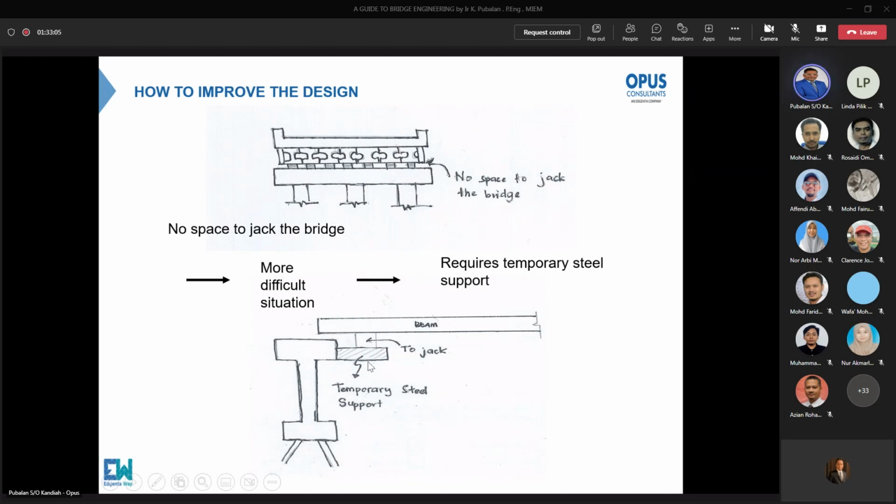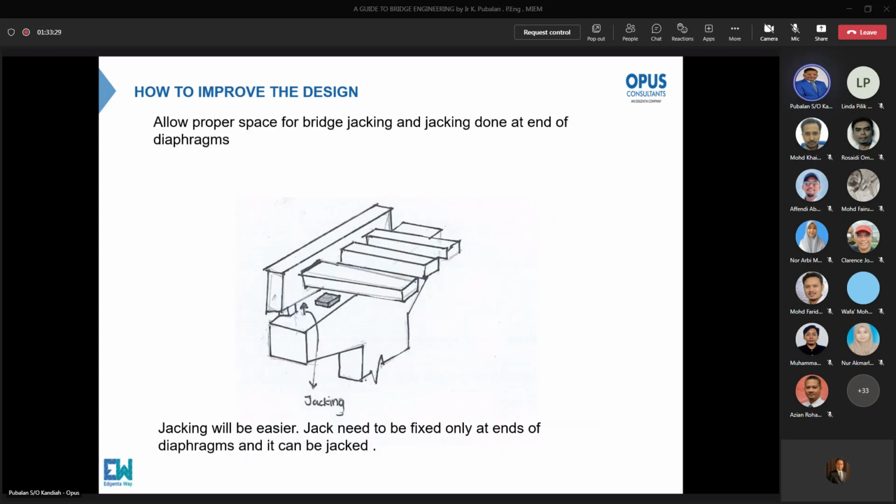I came across a situation like that, where we wanted to fix a temporary support to jack the bridge, but we couldn't even fix the temporary support because this part of the crosshead beam cannot take the bending. So we even need to erect another structure going on top. So it becomes very costly. How to improve? Allow proper space for bridge jacking, and jacking done at one end of the diaphragm.